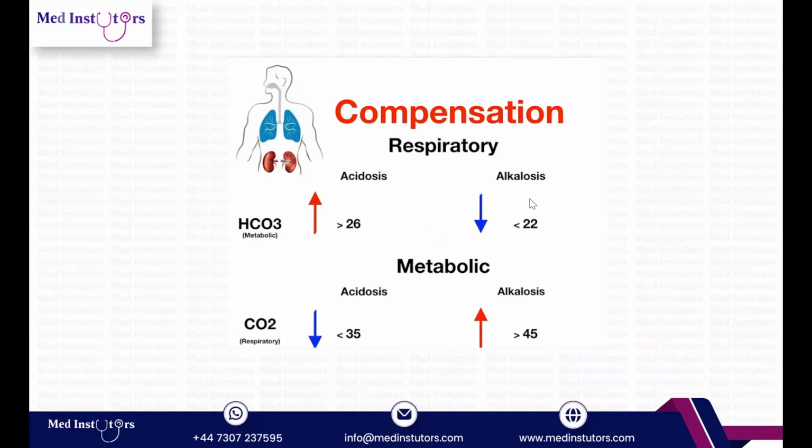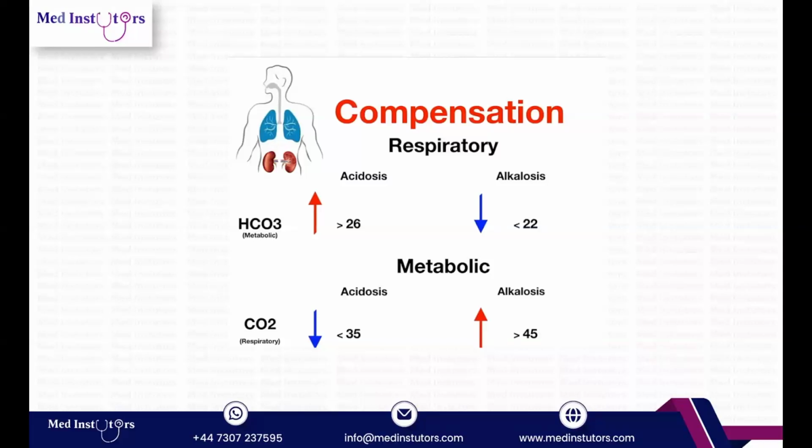So again, for alkalosis, you need to look at the lower range, and the same goes with the metabolic. If the level of carbon dioxide is less than 35, that means some compensation is going on, or if it is more than 45. So in a nutshell, if you want to label the interpretation of arterial blood gases as compensated or not, the values should be out of the normal ranges.